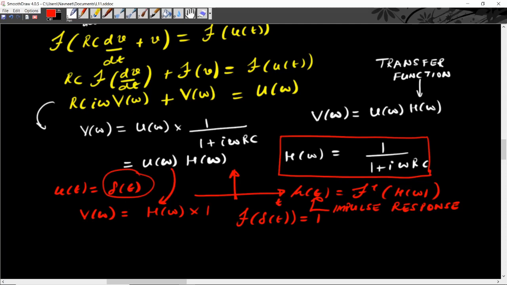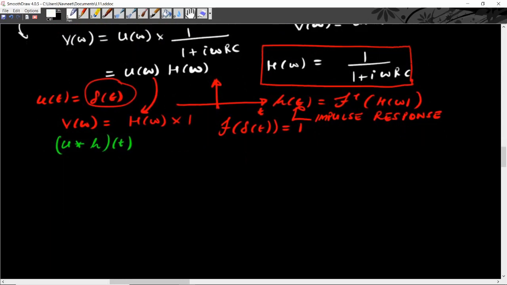That is why we say that filtering based on convolution involves the product of the Fourier transform of the input signal with the transfer function, or alternatively in time domain it is the convolution of the input signal with the impulse response of the filter, that is h of t.